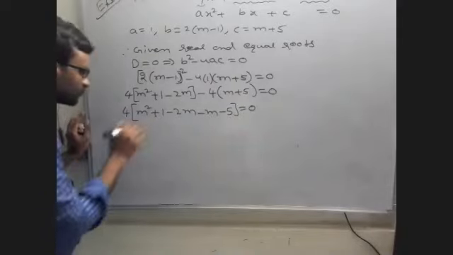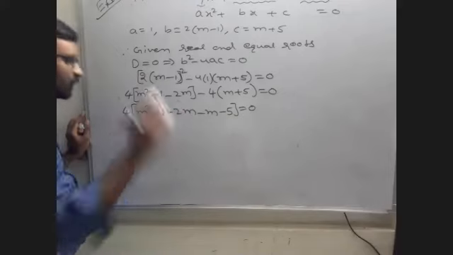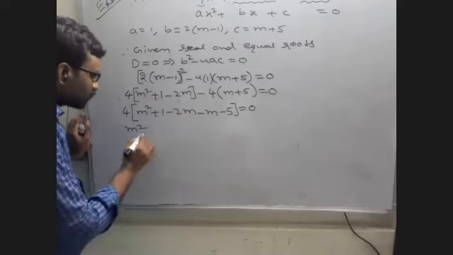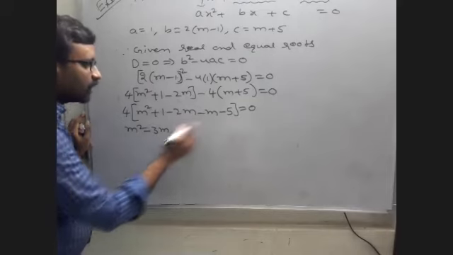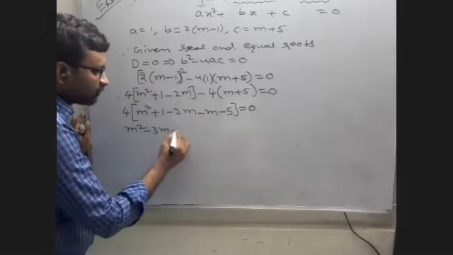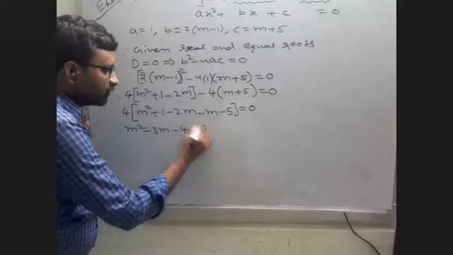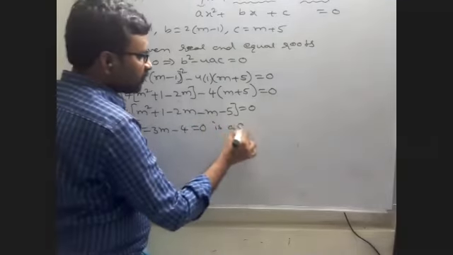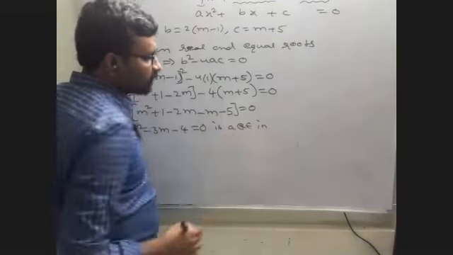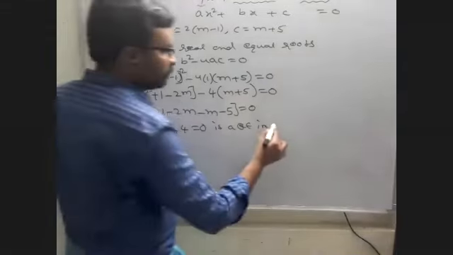Now m square term only we have 1 m square, and m terms minus 2m minus 3m, and the constants minus 5 plus 1 minus 4 equal to 0 is a quadratic equation in terms of m.